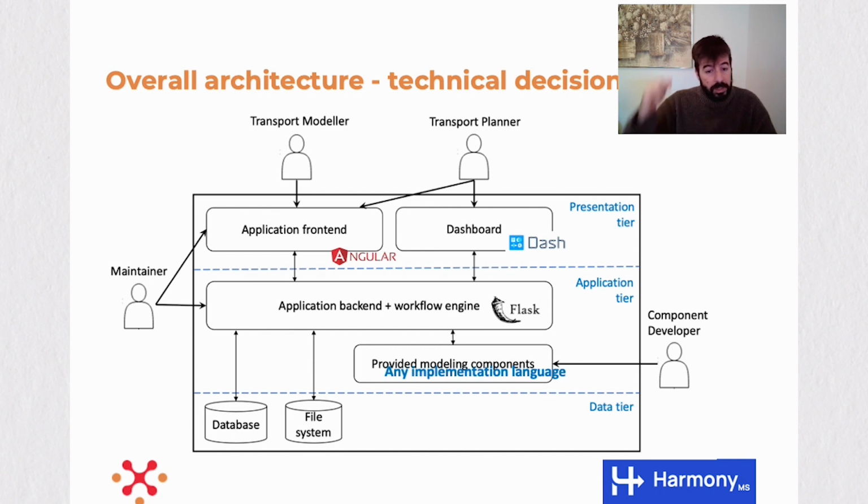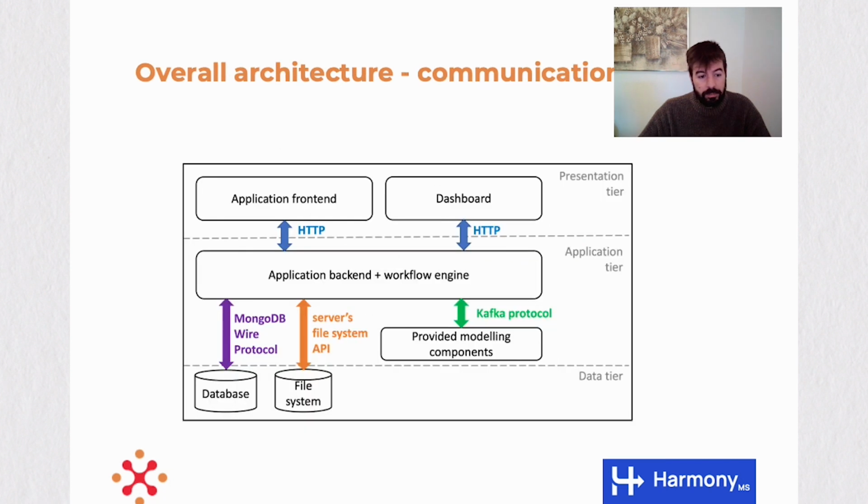For the provided modeling components, we have not prescribed an implementation language, so we wanted to be language agnostic. So here really those can be written in any implementation language, and I will explain in a few minutes how we achieve this. And of course, finally, for the database, we have used a document-oriented database called MongoDB.